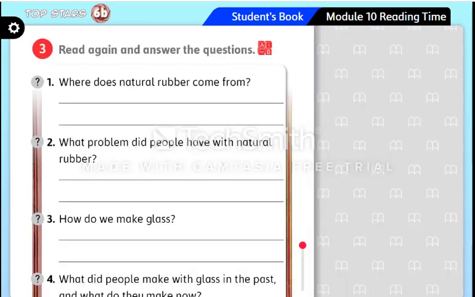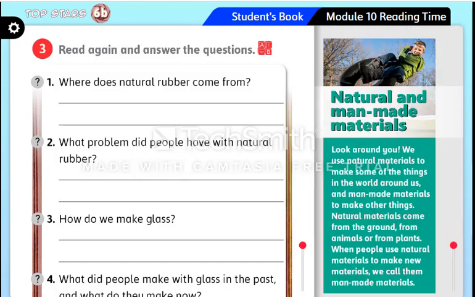Now, let's move to activity number 3. Read again and answer the questions. You can pause the video for a while and read again to answer the questions. Okay, back again, my dear students. Let's start with question number 1. Where does natural rubber come from?